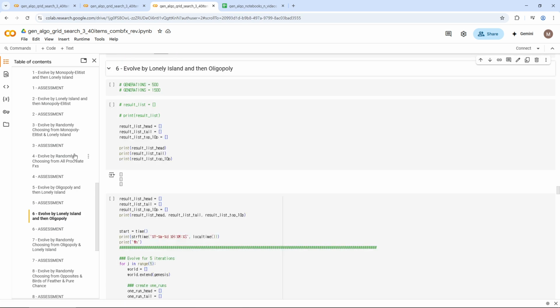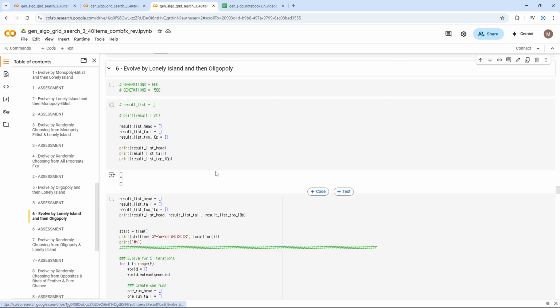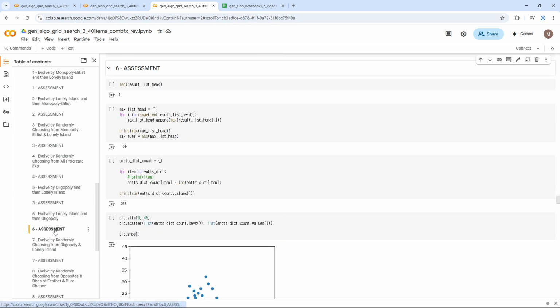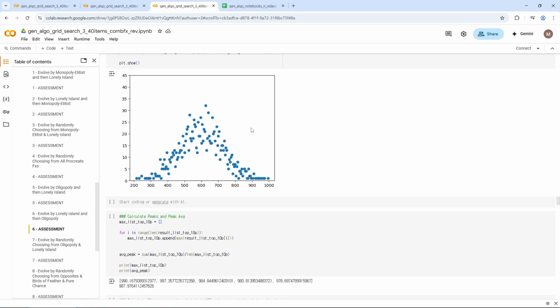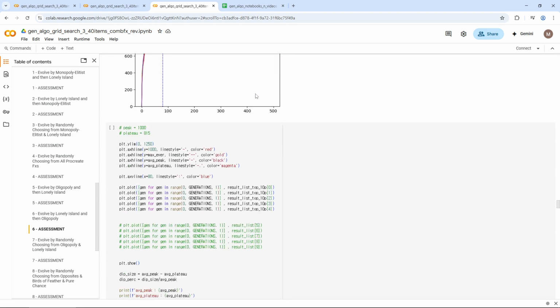Step 6 is evolve by Lonely Island and then Oligopoly, and change the procreate function at generation 80. Here are the plots for the heads. So a lot of oscillation, and this is expected because we are losing information because we switched the procreate function.